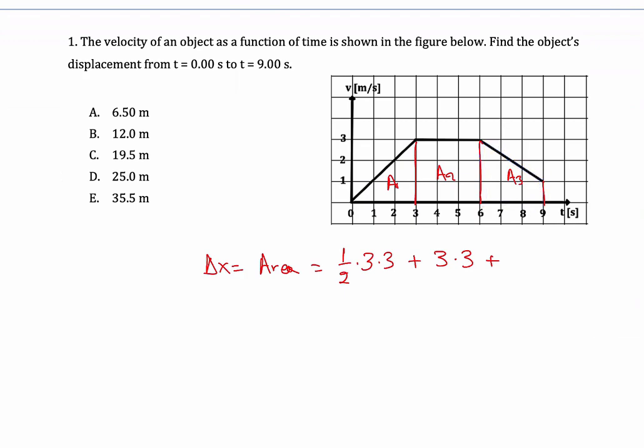Now there are two options: either you break the trapezoid into a triangle and then a rectangle, or you can take the formula for a trapezoid, which is large base, which is 3, plus small base, that is 1, multiplied by the height, that is 3, divided by 2. So we have 4.5 plus 9 plus 6, and the result is 19.5 meters.